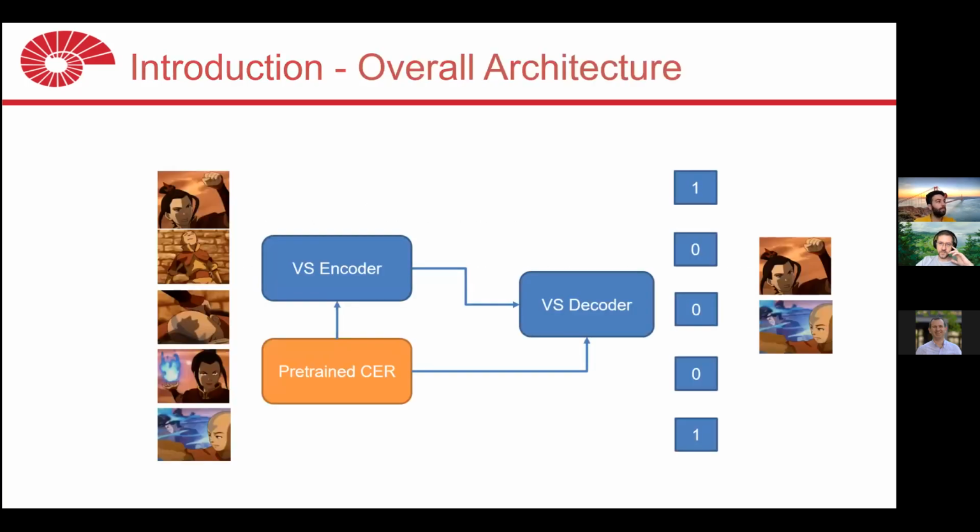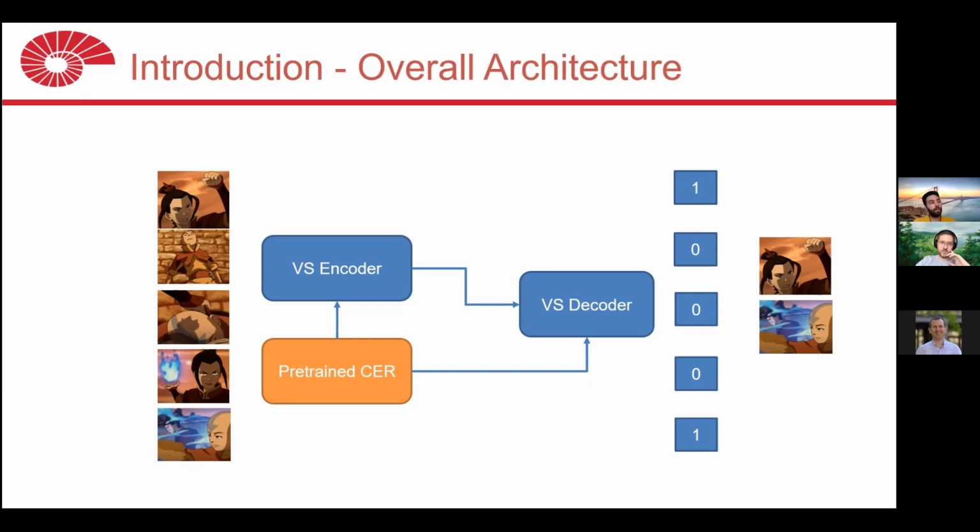So I will start with a brief snapshot of how our overall architecture looks. Basically, it includes two steps. The first one is to come up with a module which extracts the affective information, which is the continuous emotion recognition part. Then, during the second part, the training of the video summarization, we try to feed this information into either the encoder or the decoder or both.